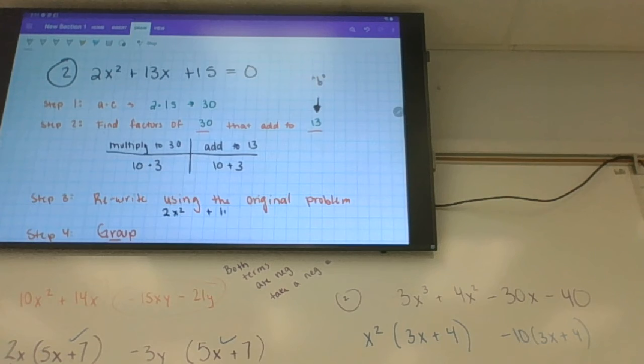Instead, I'm writing 10x and 3x, which is the same thing as 13x. And then I'm going to keep the 15 there. Pretty clever. I did not come up with this. Whoever did, pretty clever. People used to just guess and check before there was a method.